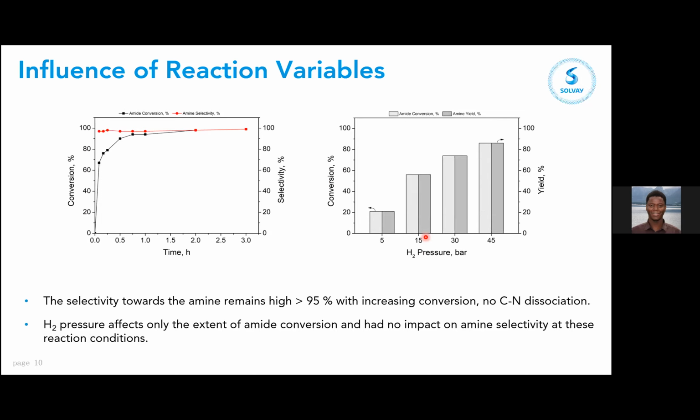And the influence of hydrogen pressure also shows that it does not have any impact on the selectivity towards the desired product. It rather affects only the extent of the amide conversion and not the selectivity towards the desired product.